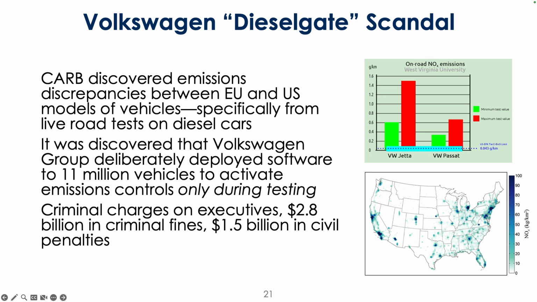And so what Volkswagen and actually a couple other manufacturers did was, as soon as the vehicle started driving, the vehicle computer would detect that this isn't someone just driving normally. This is the test. This is the WLTP test cycle.